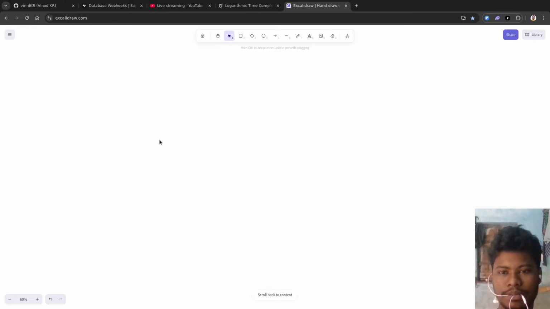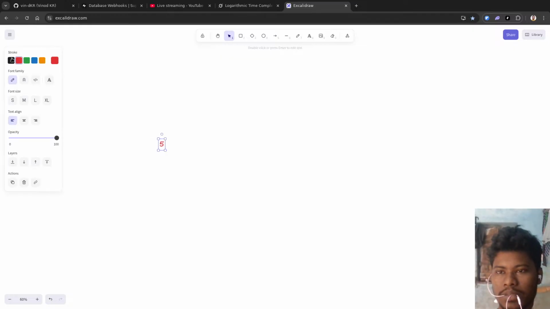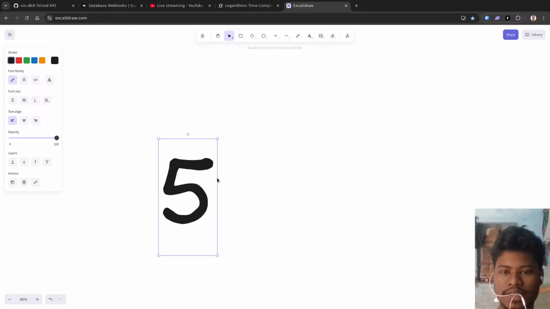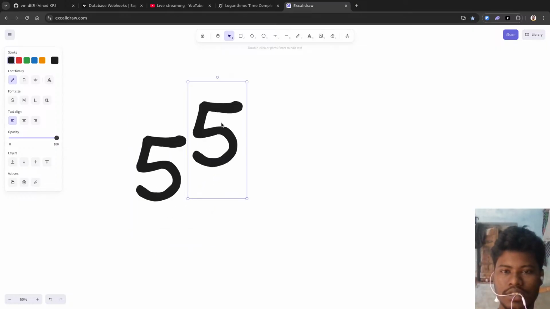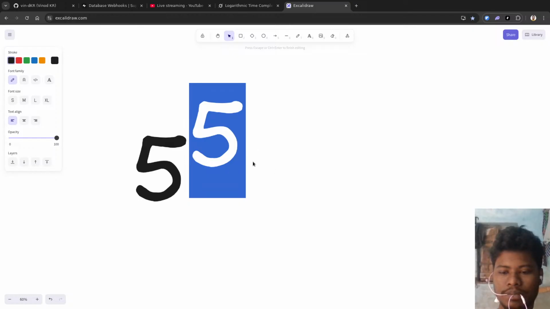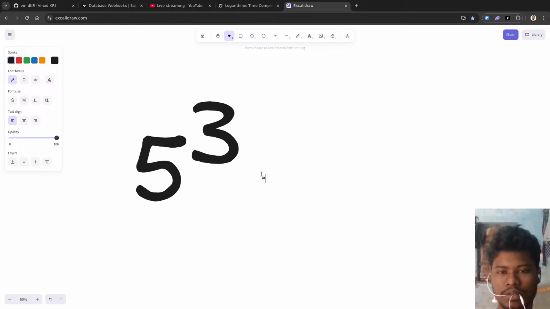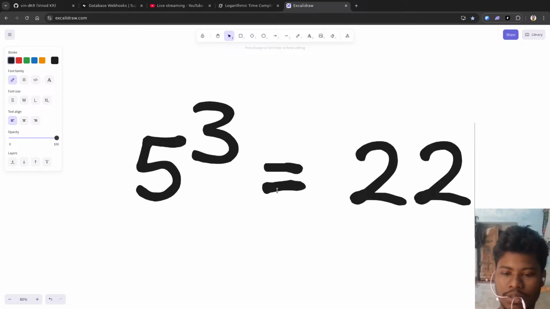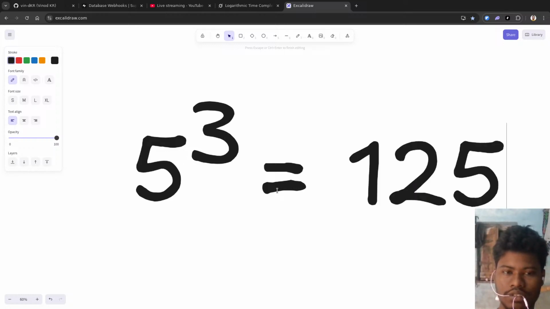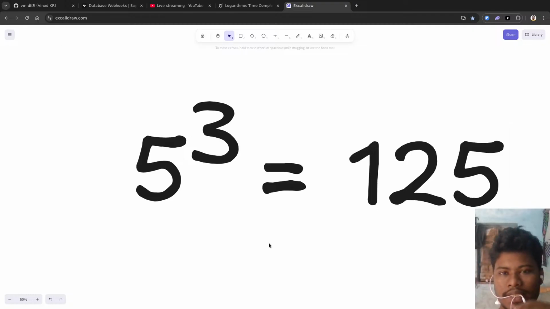Let's say 5. 5 to the power 3 is equals to what? 25, 125. The cube of 5 is 125.